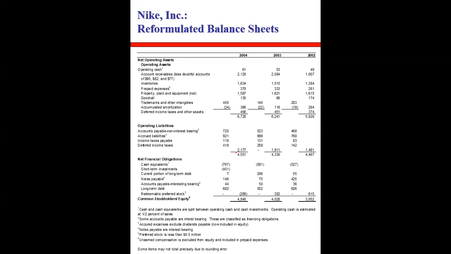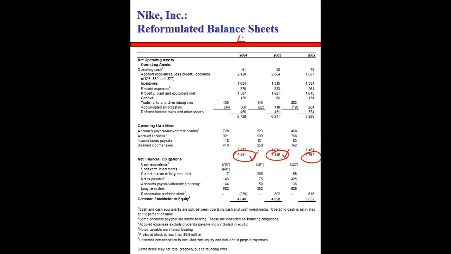This number, the net operating asset number, because it is the difference between operating asset and operating liabilities. In 2003, we have this net operating asset of 4,330, and in 2004 we have 4,551.